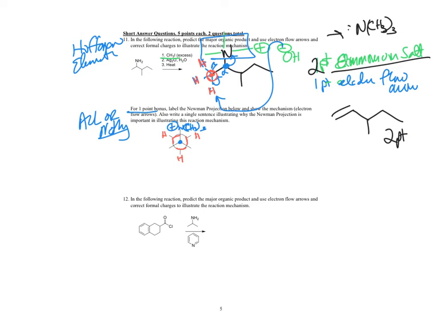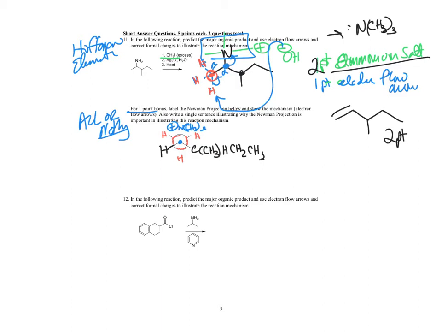And then what's coming off of here would be CH3, H, CH2, CH3, the rest of the ring, and a hydrogen.